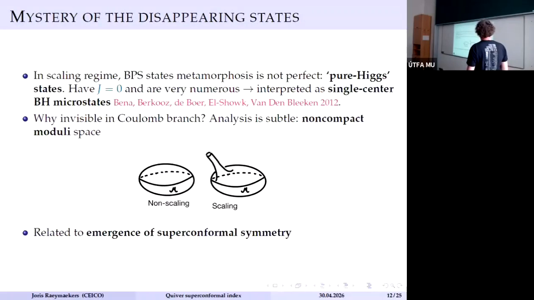There are some states that you find in the Higgs branch description, which you don't see in the Coulomb branch description anymore. These have vanishing angular momentum and also turn out to be very numerous in the Higgs branch. And so these pure Higgs states are usually interpreted as the states really describing single center black hole microstates. So that raises the question: why are they not visible in the Coulomb branch?